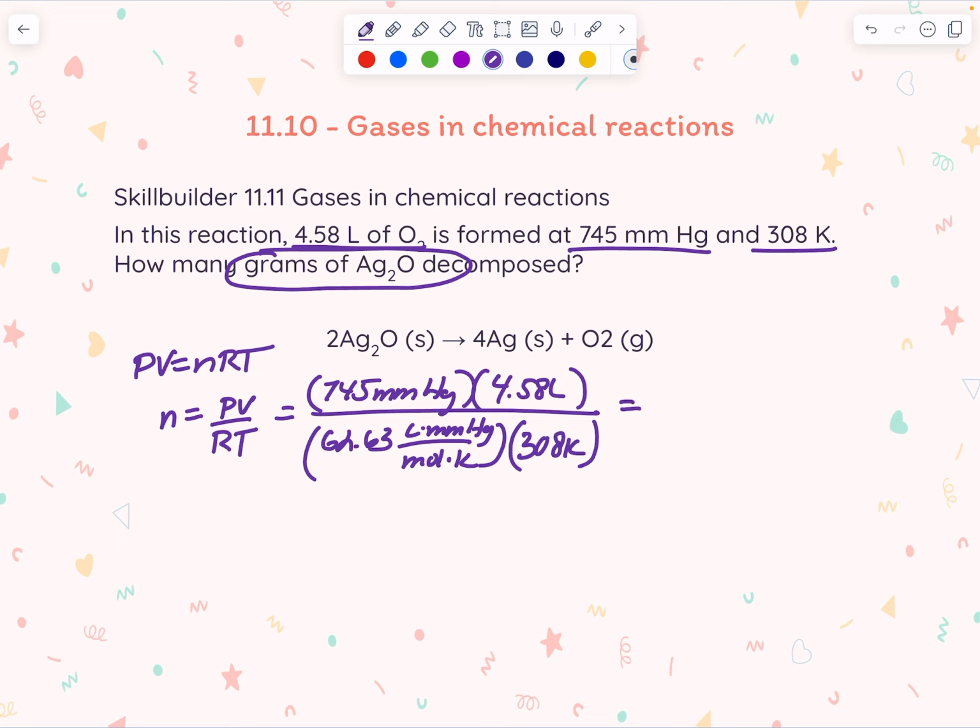So when I do that, millimeters of mercury cancel, liters cancel, Kelvin cancel, and so I'm left with 0.1776 moles of oxygen gas.